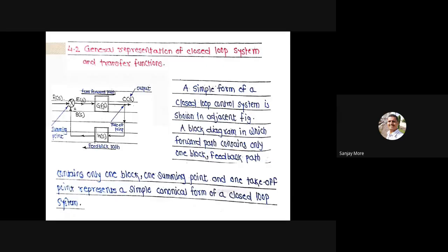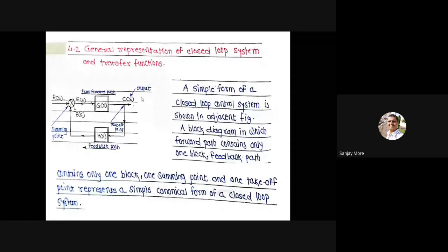It represents a simple canonical form of a closed loop system. In this system, this is the reference point, this is the error signal, this is the control, then the control output. This feedback path has a takeoff point, for decision.